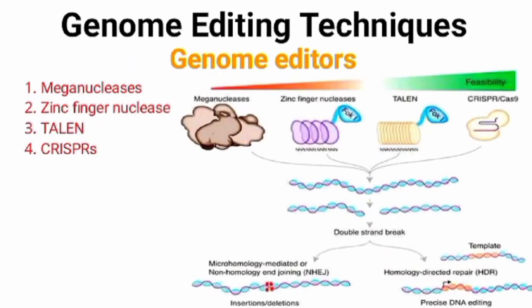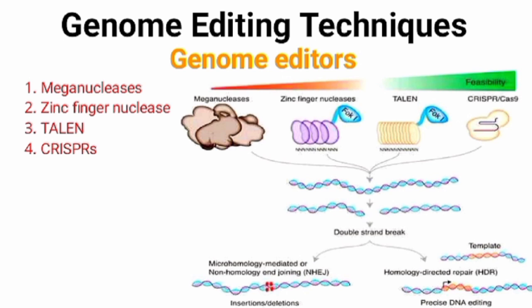As of 2015, four families of engineered nucleases were used: meganucleases, zinc finger nucleases, transcription activator-like effector based nucleases, and the clustered regularly interspaced short palindromic repeat system.